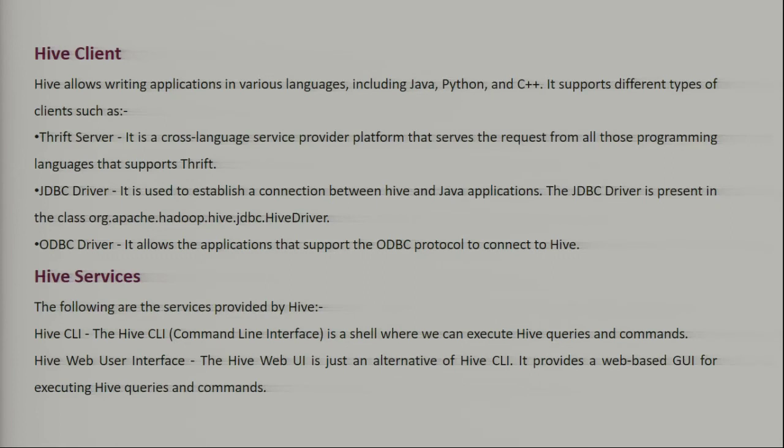It is a cross-language service provider platform that serves requests from all those programming languages that support Thrift. So you can write the program in any such language and post it, that is, send a request, so that it can be managed.